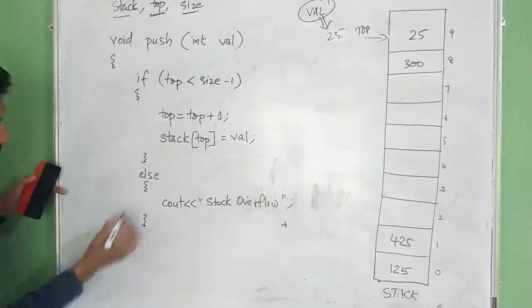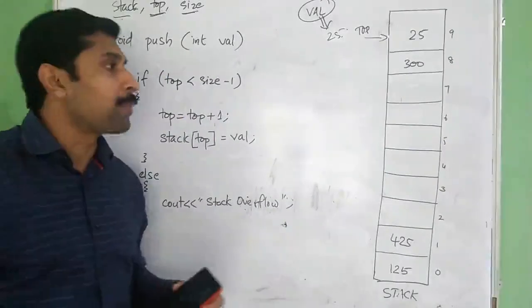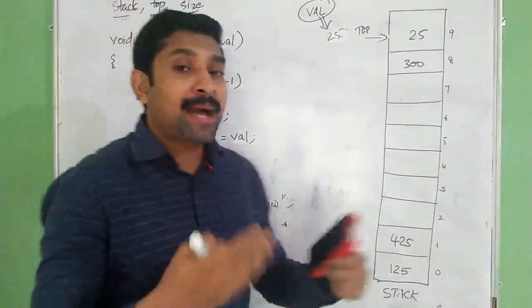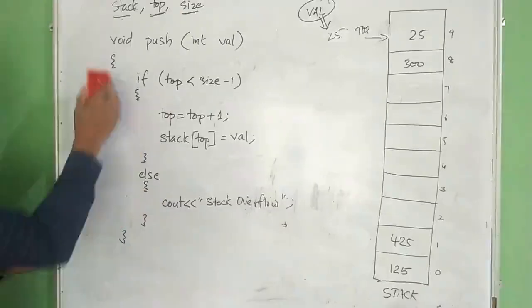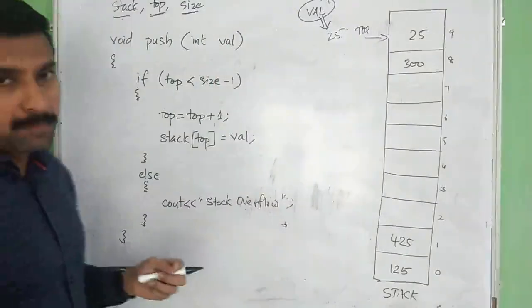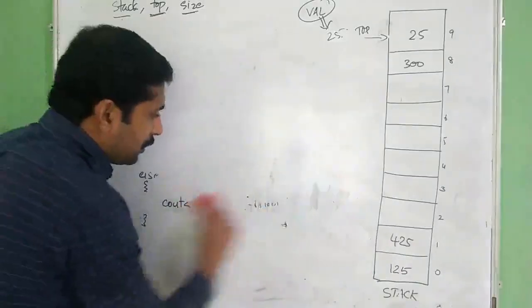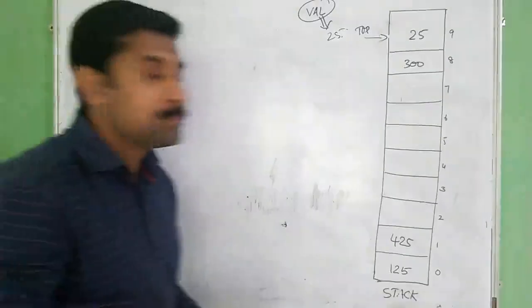So this function can be used for performing push operation. Now we shall see what happens when the pop operation is performed. So these conditions are same. Now what will be the algorithm?